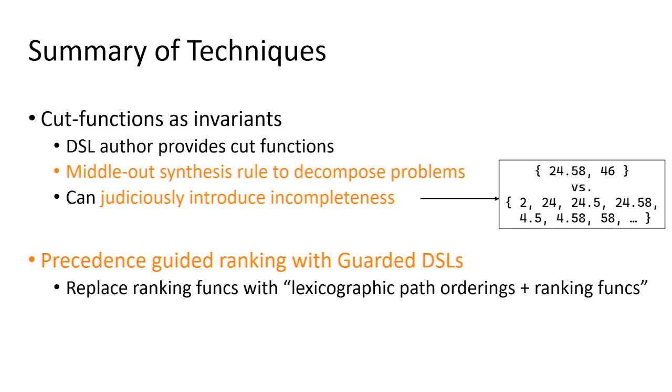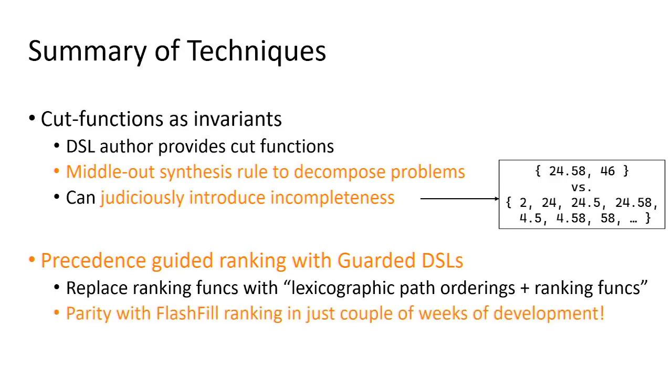There's also another technique, which I'll not go into detail here, but we replaced our ranking functions, which originally were weighted automata over trees, with something called precedence guided ranking, which amounts to lexicographic path orderings plus some weighted ranking functions.